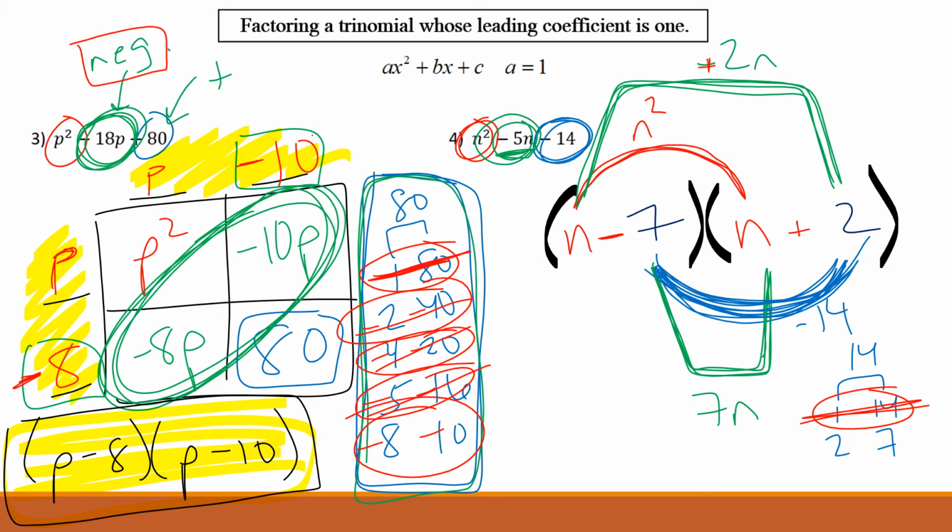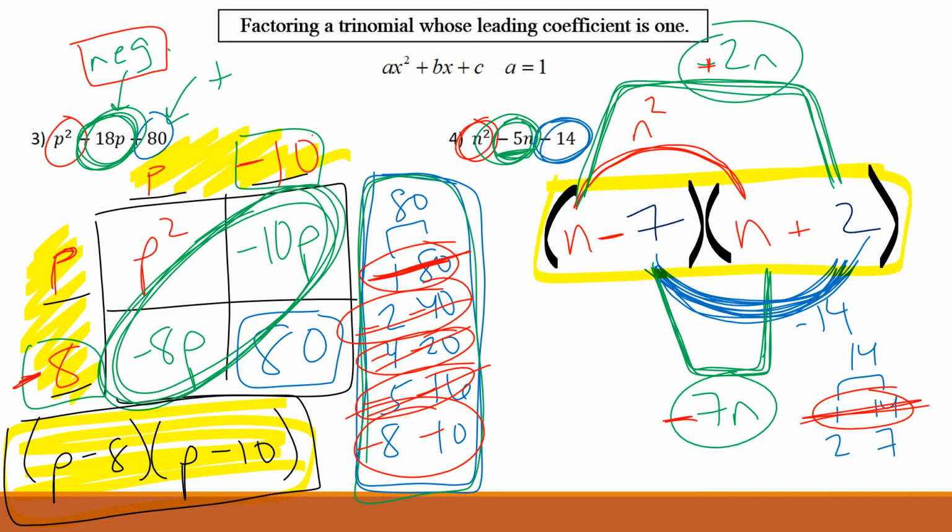And those two things added together get me negative 5n. So my final answer in this case is right here: n minus 7 and n plus 2. That is my final answer.